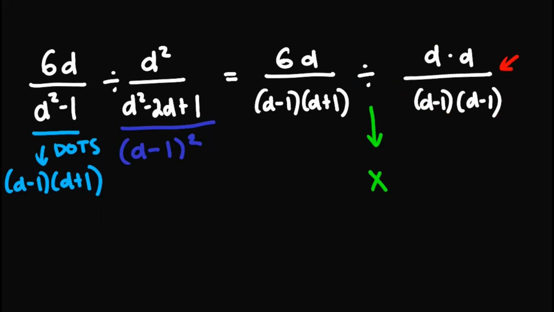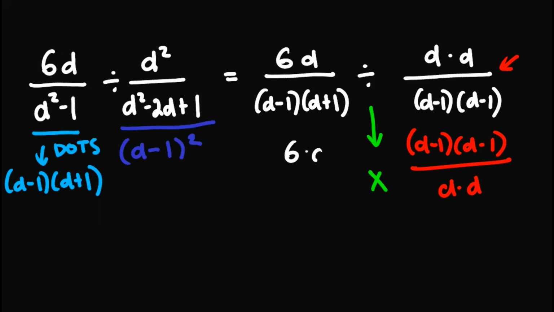So this one out here becomes d minus 1 times d minus 1 all over d times d, and we retain this fraction on the left, so we'll have here 6 times d all over d minus 1 times d plus 1. And now it's time to cancel.